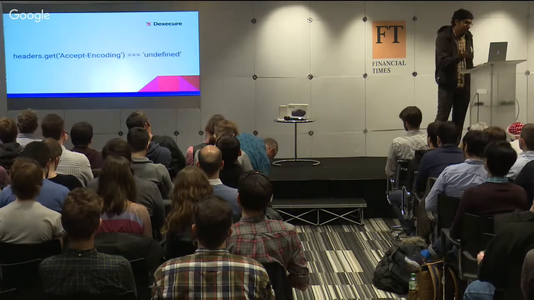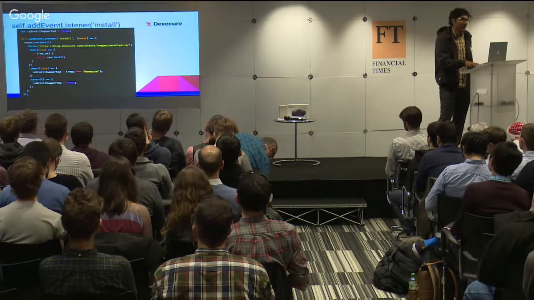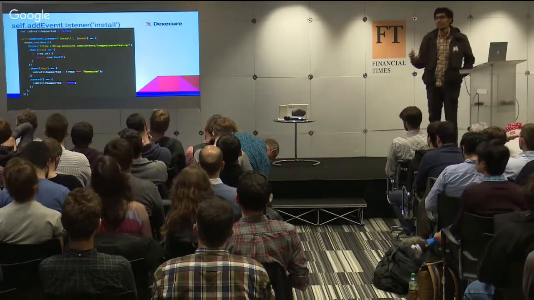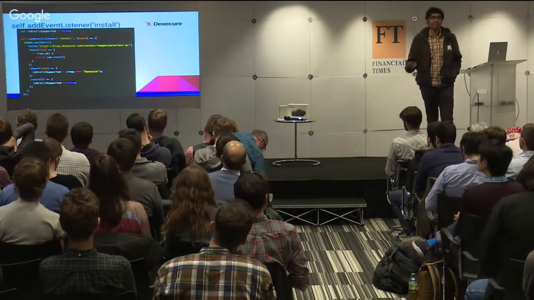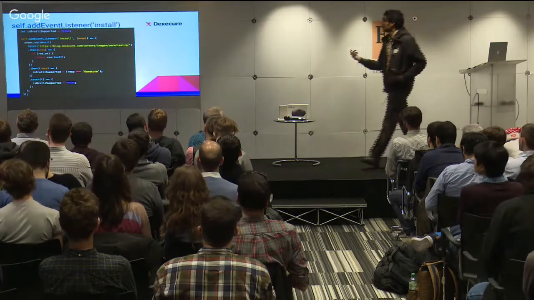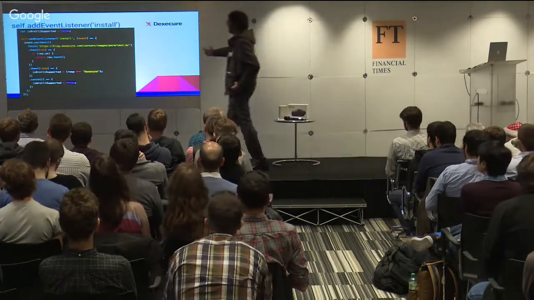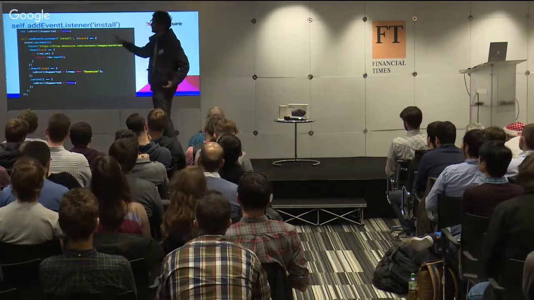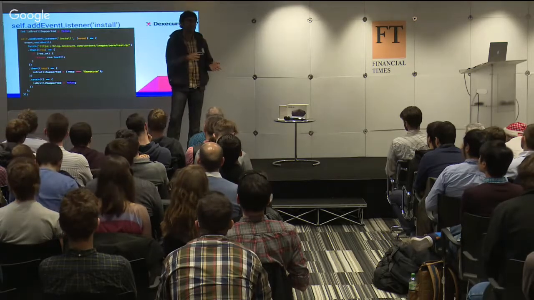So to get around that, we had to find some other way of detecting whether our client supports Brotli or not. What we did was host a Brotli compressed file at a URL, so at some URL you always have a Brotli encoded asset.